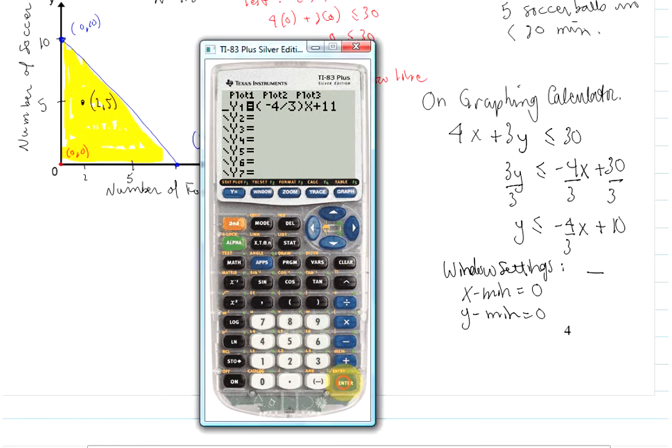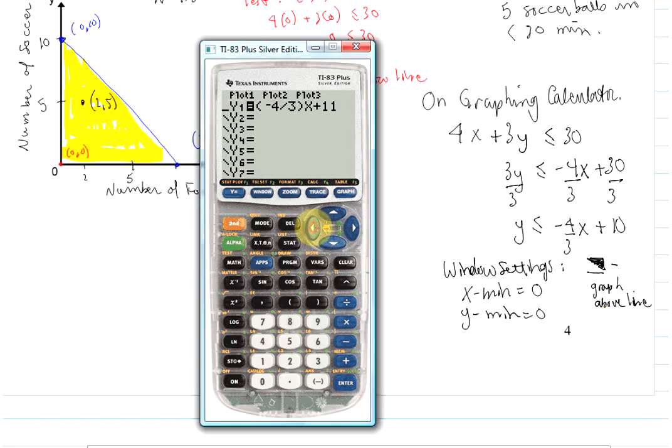So I'll just hit enter. This one looks like this. And what this will do is graph above the line.